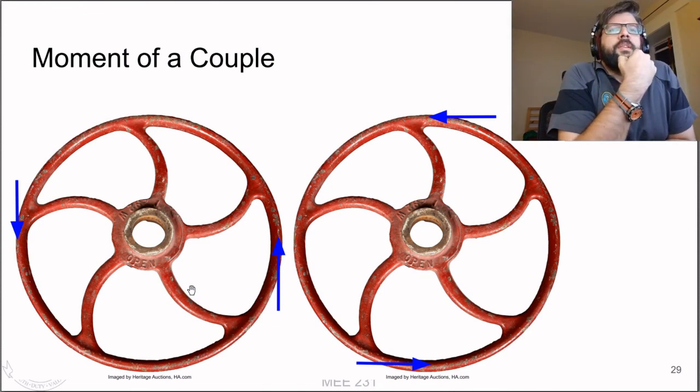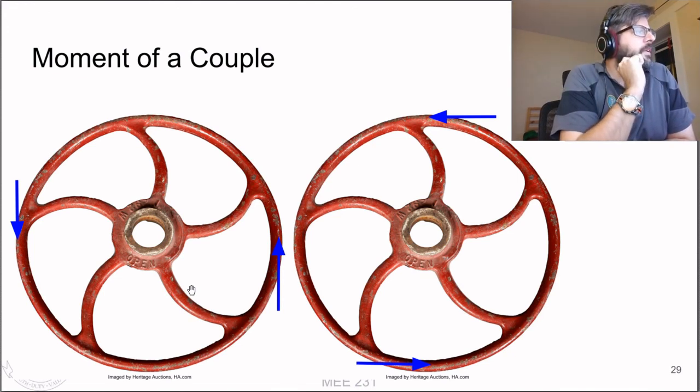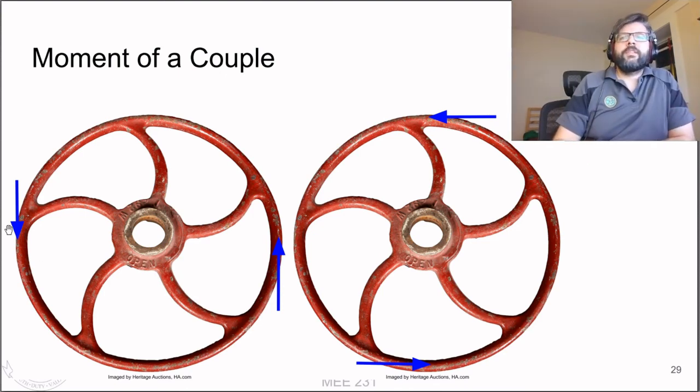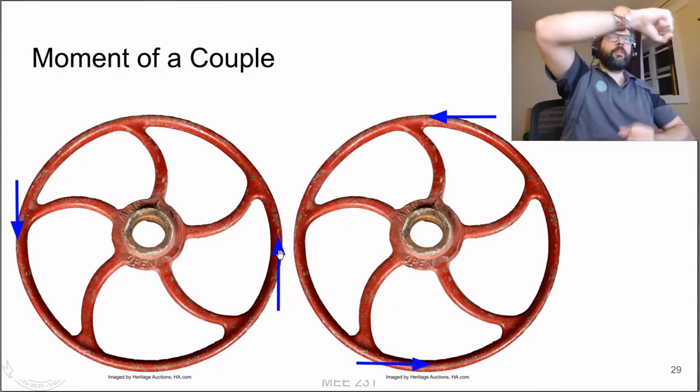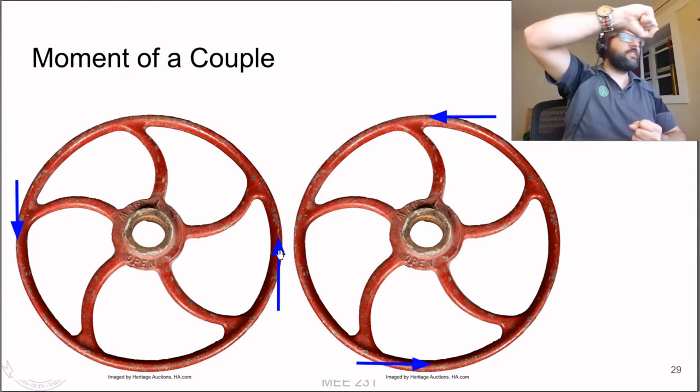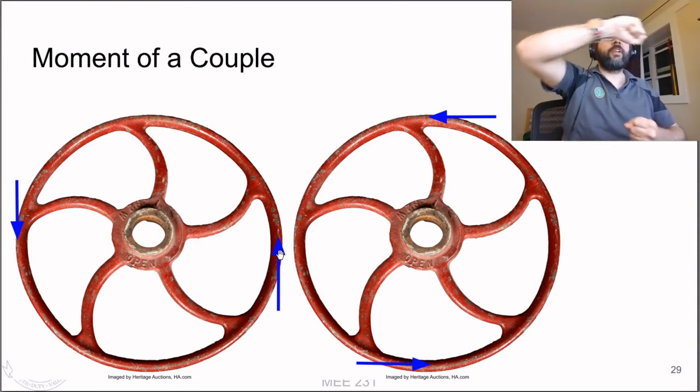So the next concept we'd like to discuss is the moment of a couple. Now we've got this old steam pipe valve here. Looking at this, we apply force upward on one side and downward on the other, and we're trying to crank it, versus pulling to the left at the top and to the right at the bottom.